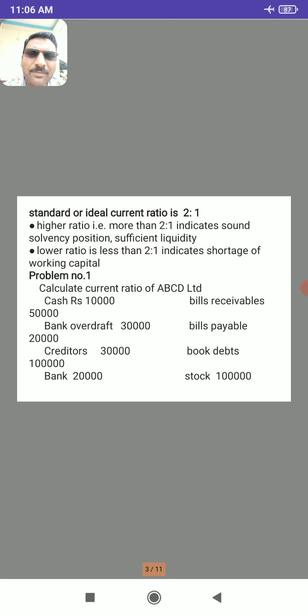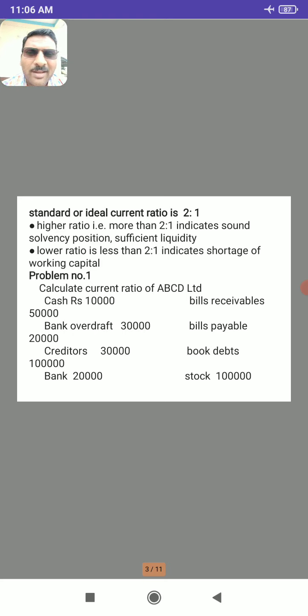If the ratio is lower, less than 2:1, it indicates shortage of working capital. So the standard ratio is 2:1, which is normal and good.